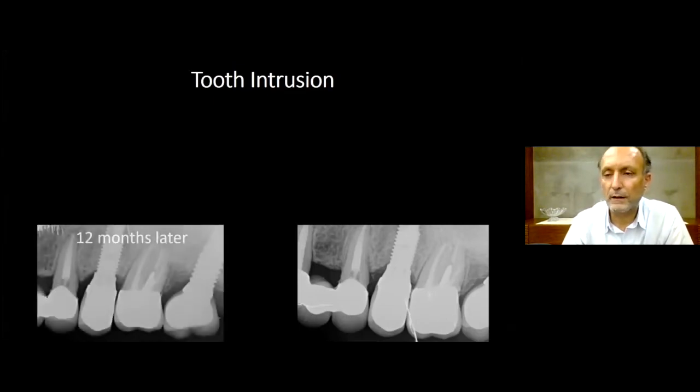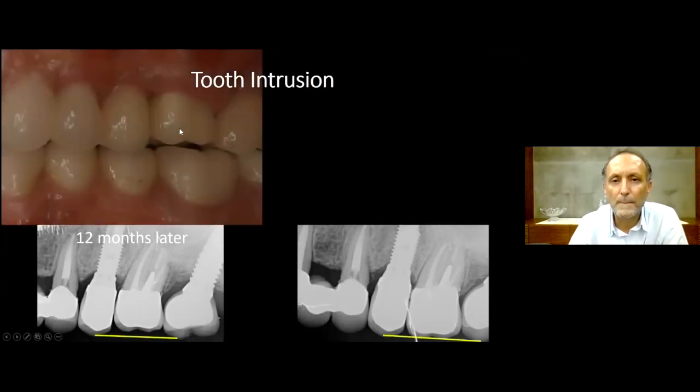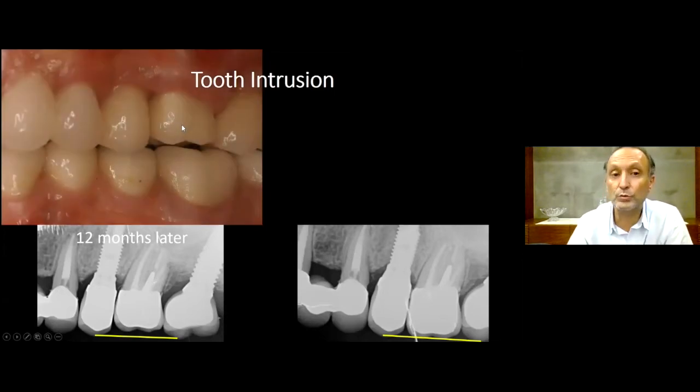She was abroad, and when she came back 12 months later, I noticed on the x-ray that the tooth has a different position than the x-ray that was before. Look at the contact point, it's much deeper. I went into the clinical and I saw that the tooth was really intruded.